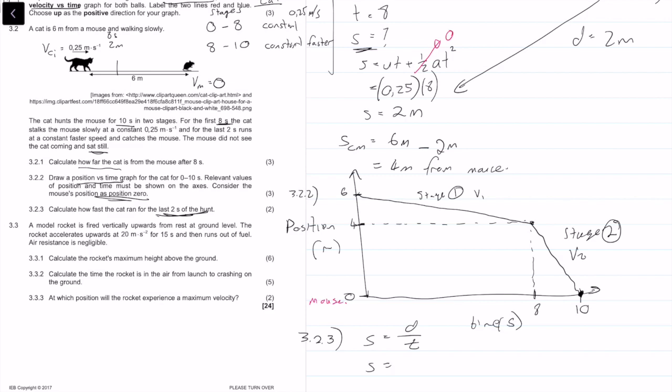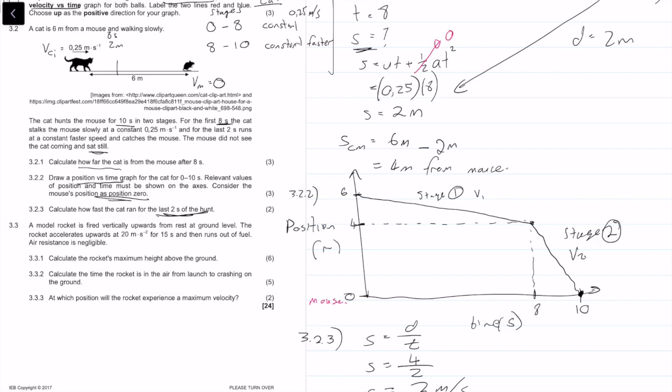The speed is what we're looking for. We know the distance is he needed to cover 4 meters, and he needs to cover it in 2 seconds. So S is the only unknown, so S equals 2 meters per second.